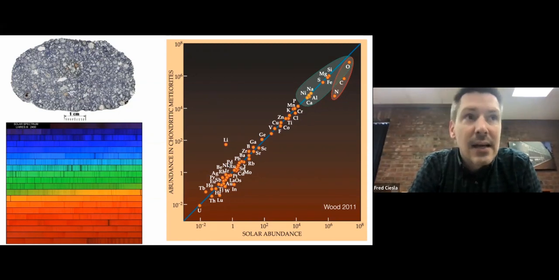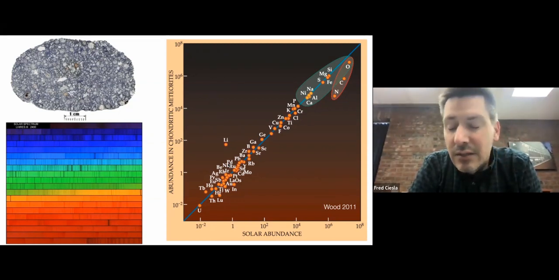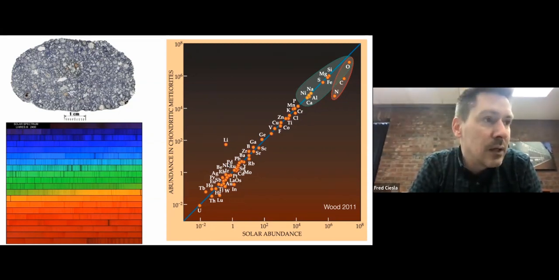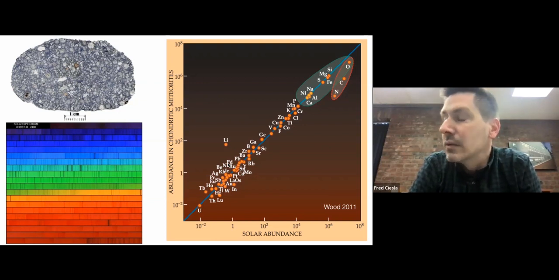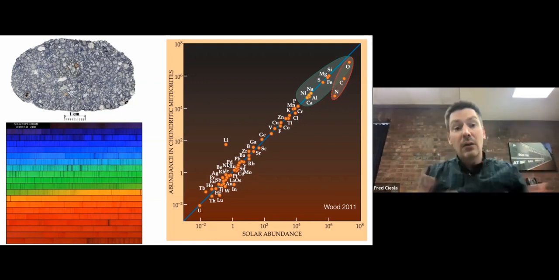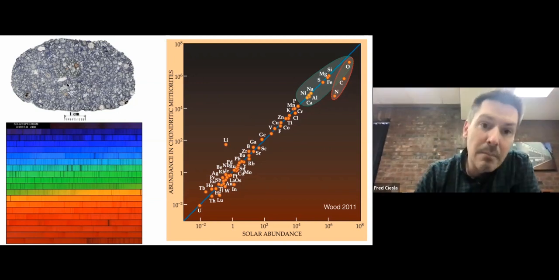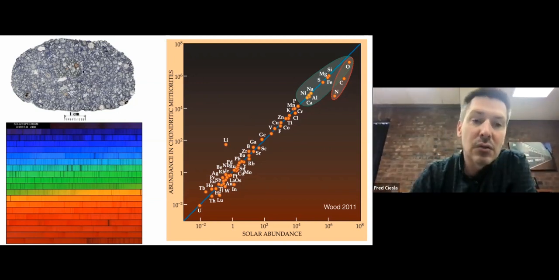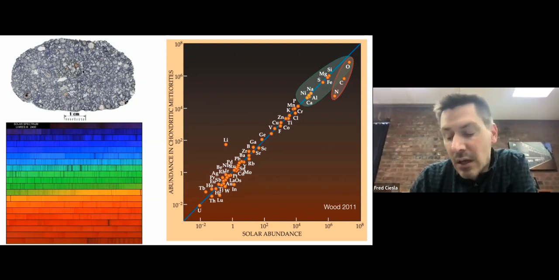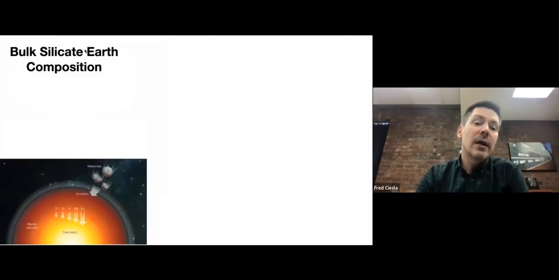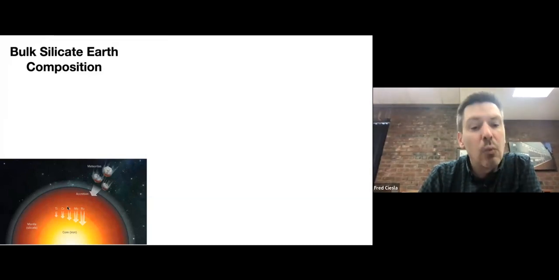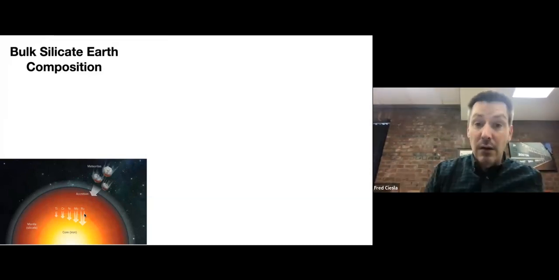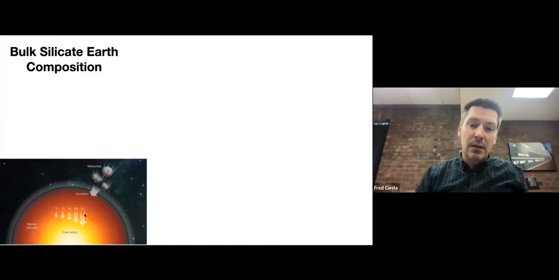We can take seismic studies of the Earth's interior, understand where we expect there to be solids or liquids or different density regions. We can look at meteorites and make inferences about what the composition should be if everything was present in solar abundance. And so people have done this in a lot of ways, trying to understand the bulk composition of the Earth itself, and then how that compares to the meteorites or to the sun.